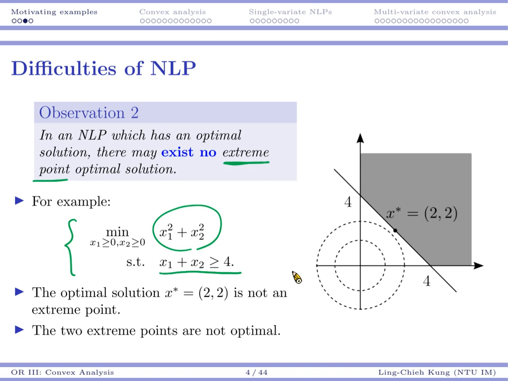In observation 1, we find that, well, we do need a necessary condition. We need the gradient to be 0 in some sense. Okay? But that's not sufficient. Or observation 2, we have no way to talk about extreme points, which does not help at all. Okay?